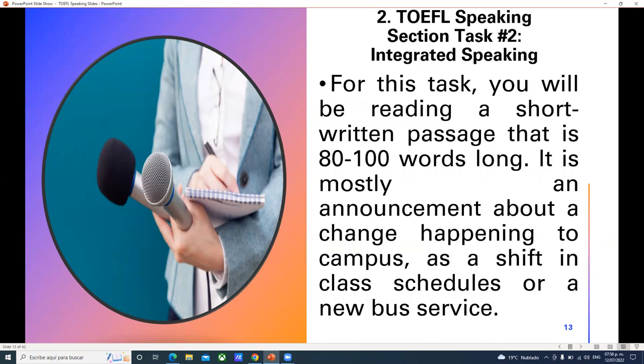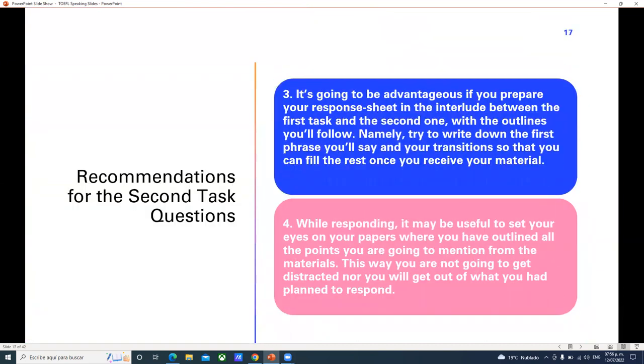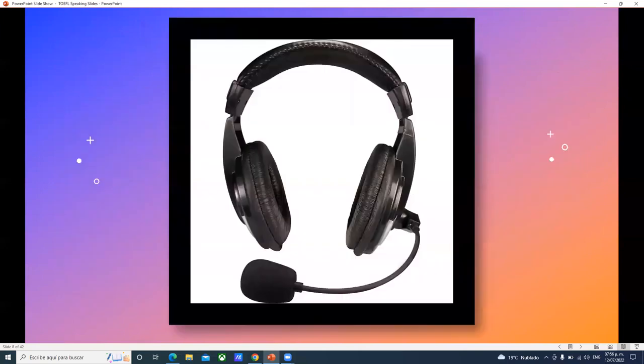Yeah, exactly. If you remember, when I gave you this specific recommendation, it is going to be super useful for you to set your eyes on your paper, where you have outlined all the points that you're going to include in your response, because this way you're not going to get distracted, right? For those of you who don't know, if you are taking the IoT version, you're going to have this specific type of headphones, with your headphones here and the microphone directed to your mouth.